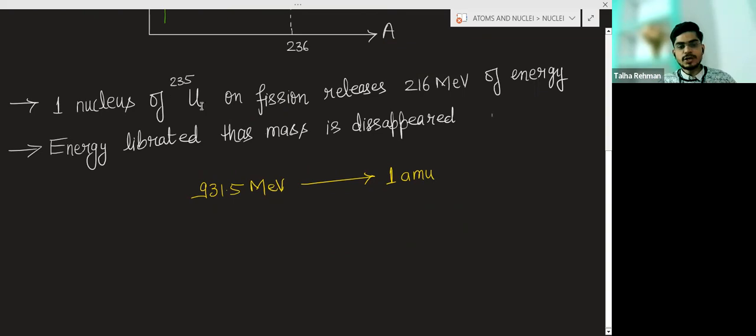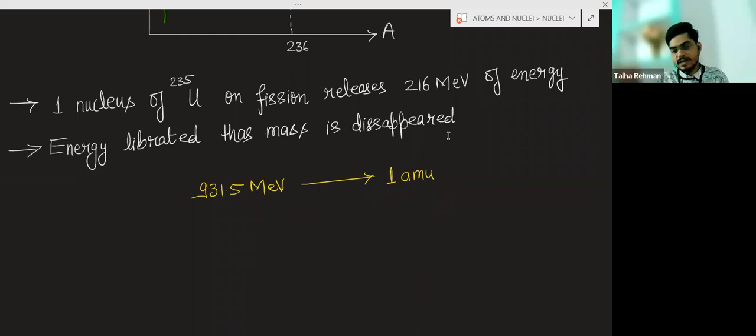In the fission reaction, as I told you earlier, energy is releasing. If energy is releasing, some mass will disappear. So we will now calculate how much mass of uranium will disappear.